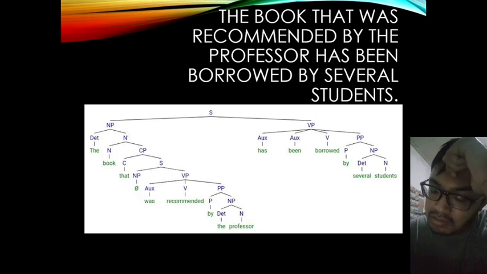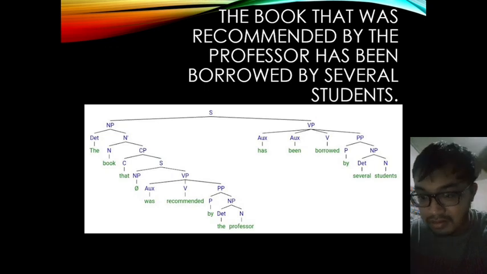And the word that functions as a complementizer, if I recall correctly.